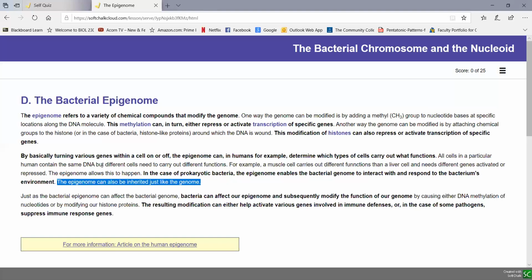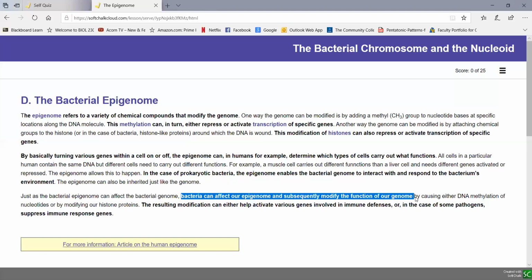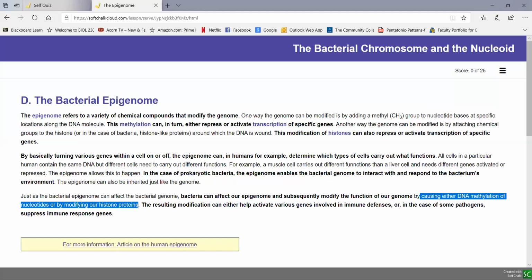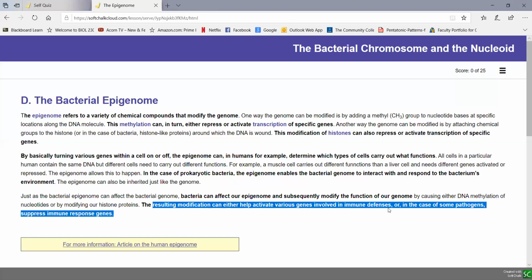Well, just like the human epigenome affects human genes, the bacterial epigenome affects bacterial genes. But the bacteria can actually affect our epigenome and modify the function of our genome. So bacteria may cause either DNA methylation or modification of our histone proteins, and that resulting modification of the human genome can either activate various genes involved in immune defenses or maybe suppress immune genes.